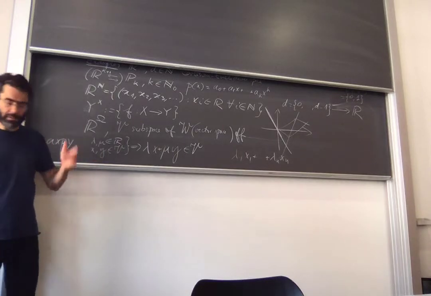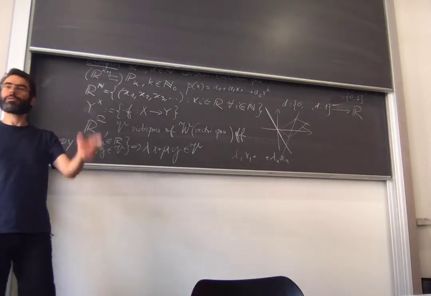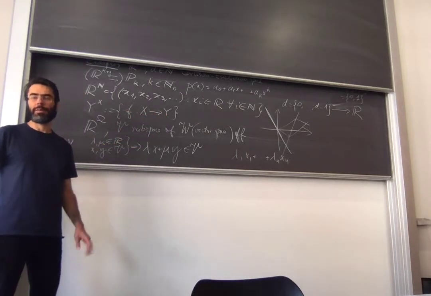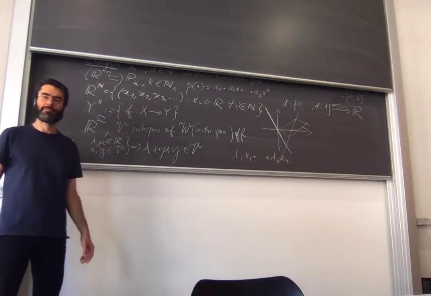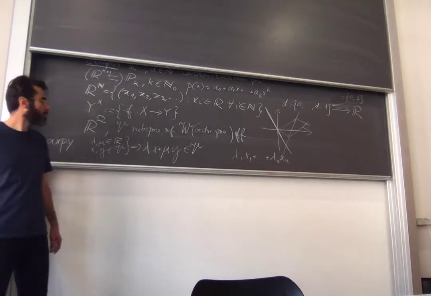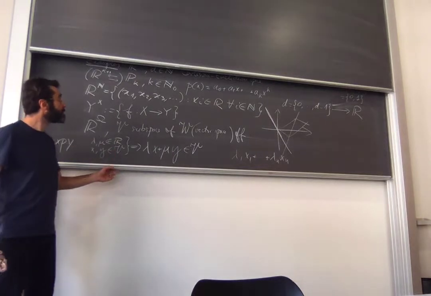Sorry, I said algebraically closed, I shouldn't say that, because algebraically closed means something different in maths and has nothing to do with it. So that's it. This is the definition of subspace.